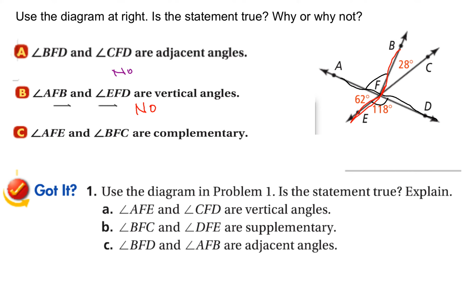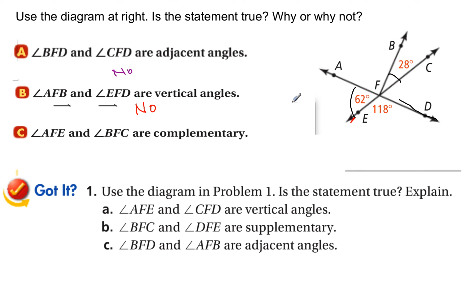Let's take a look at the next one. So let's first erase what we have here and start over again. Okay, so angle AFE and BFC are complementary. AFE, which is this angle here, is 62 degrees, and BFC is this angle over here, which is 28 degrees.